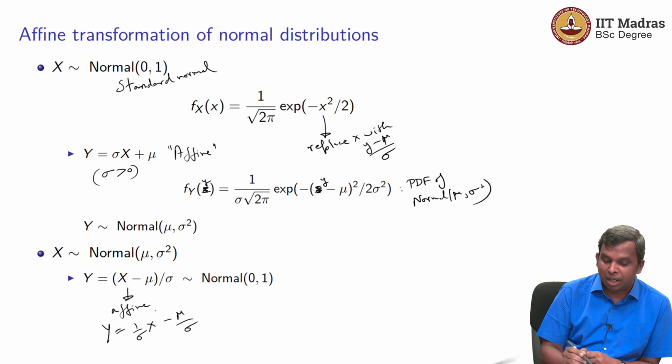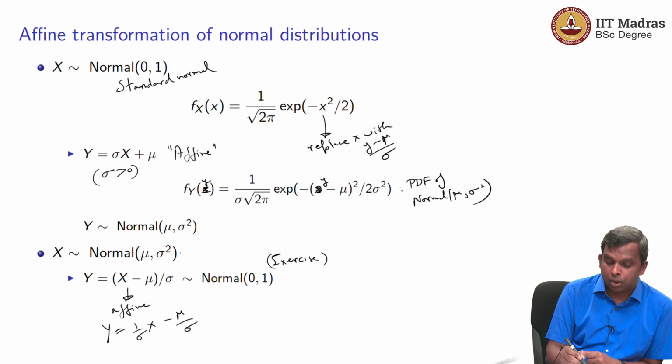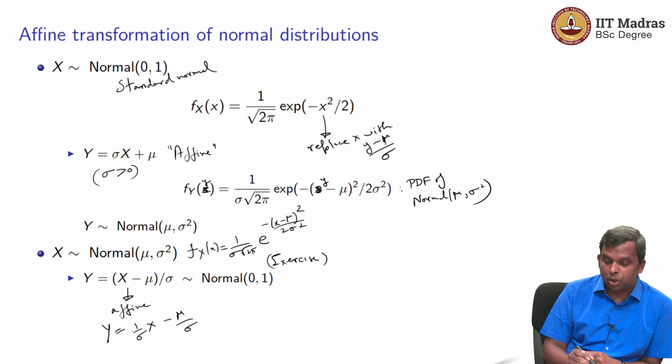So, from here, instead of y, you replace y with y plus mu by sigma, and the x by sigma. You will see you will get back your normal 0, 1. This I will leave as an exercise to you, make sure you can do that. Remember, this PDF is 1 by sigma root 2 pi e power minus x minus mu whole squared by 2 sigma squared, and then you are doing this transformation y equals 1 by sigma x minus mu by sigma.